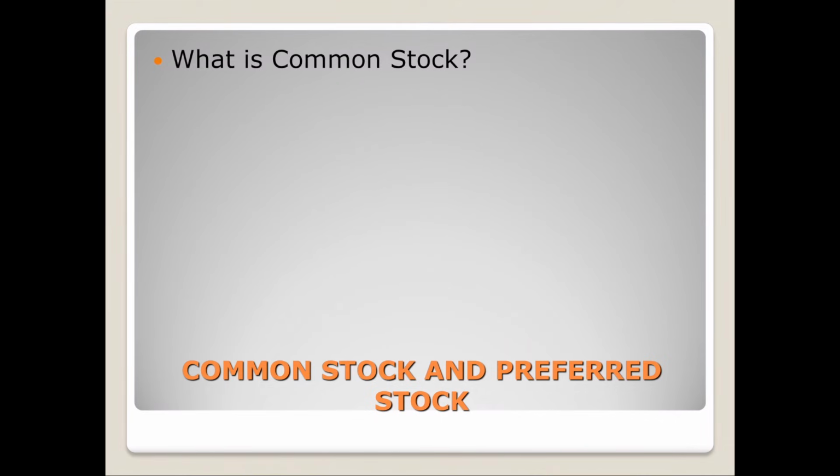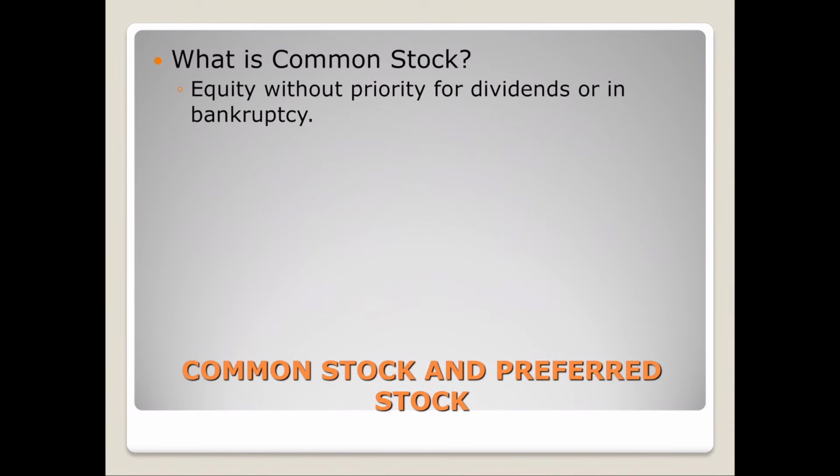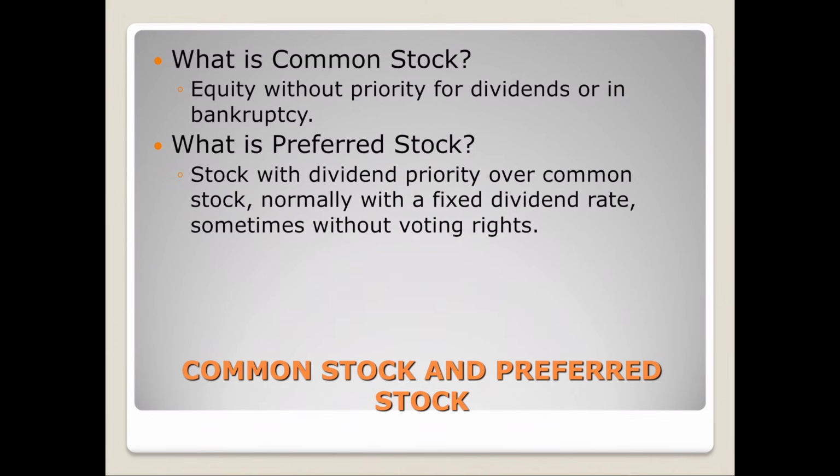So what is common stock? Common stock is the most common type of equity security. There's no priority in bankruptcy proceedings, so it's equity without priority for dividends or in bankruptcy, whereas preferred stock has this preference in regards to dividends and bankruptcy. So it is a stock with dividend priority, so they get paid their dividends before common stock. Normally, it is a fixed dividend rate.